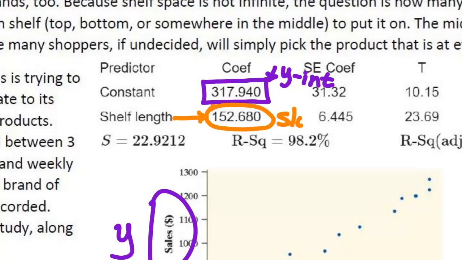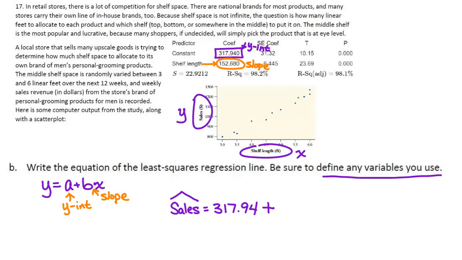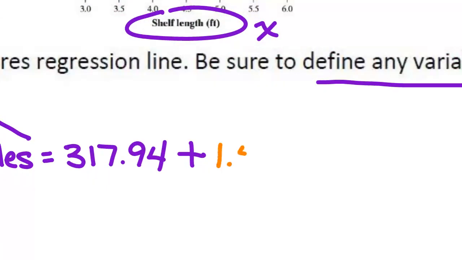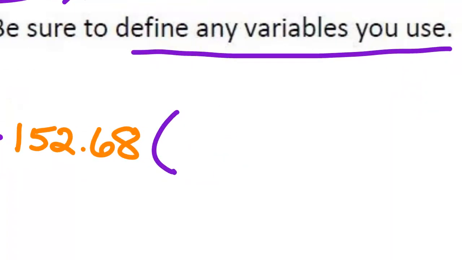Here's my slope. 152.68. Sorry, not 1.52, I got my decimal in the wrong spot. Positive slope, positive association. And then I need my X variable in here that says shelf length.